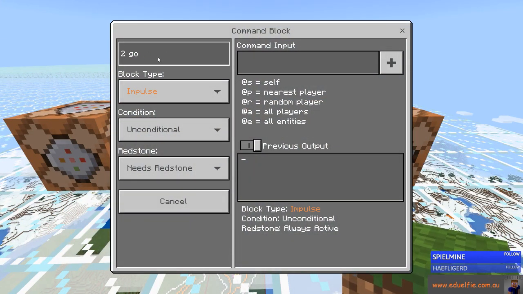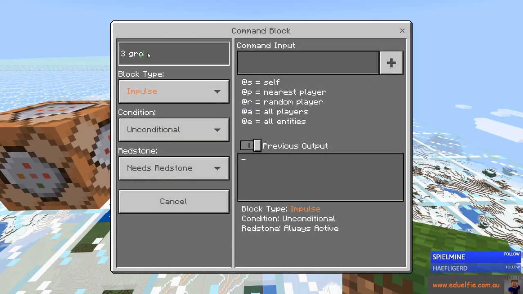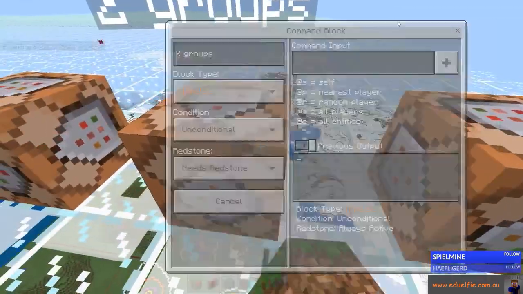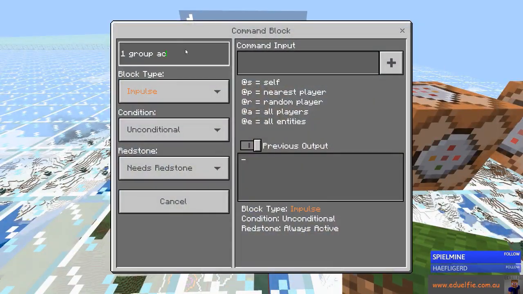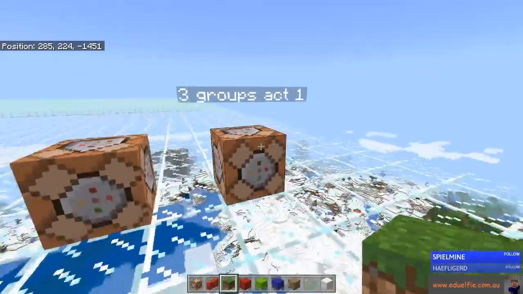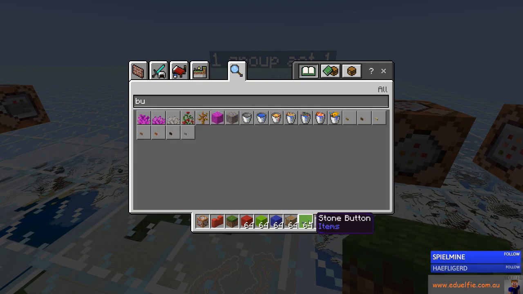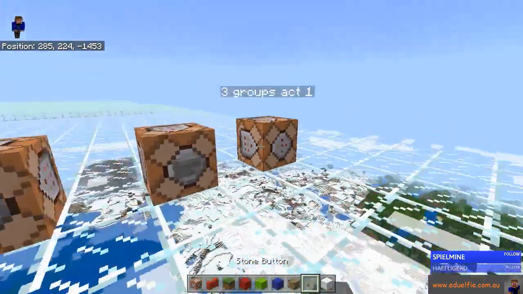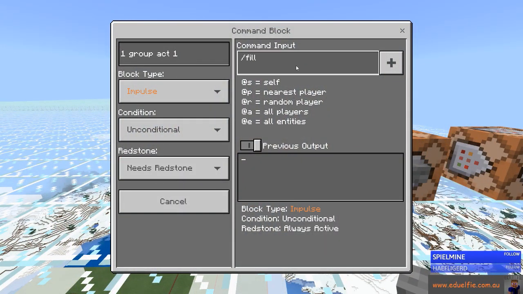Go out with GORPs, 2 groups, and 3 groups, and we should go Act 1. So it means Activity 1, if you want 1 group, 2 groups, or 3 groups, you click the button on that. Right, so we go bang, bang, bang. So you become a /fill.